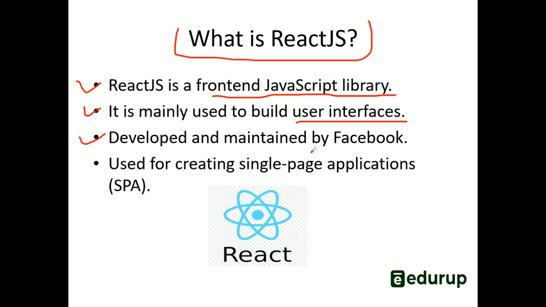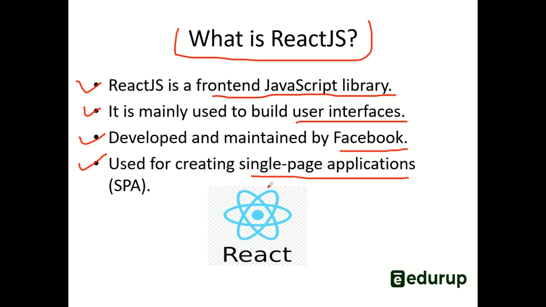It is developed and maintained by Facebook. Facebook, you know that? Nowadays everyone is using Facebook. The Facebook team developed and maintained this React.js application, and it is used for creating single page applications.